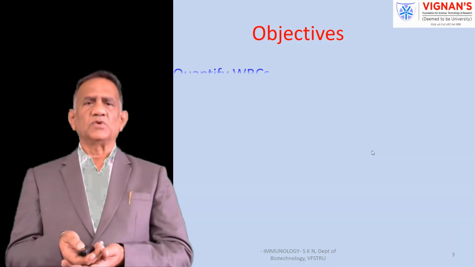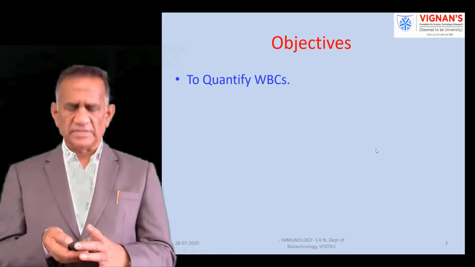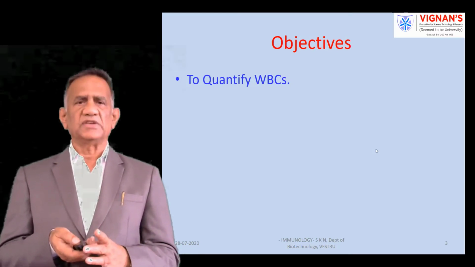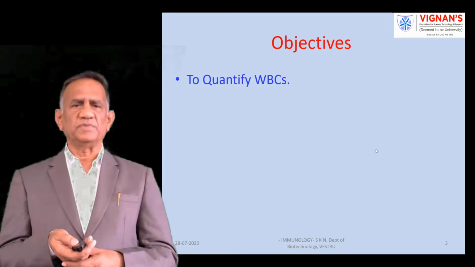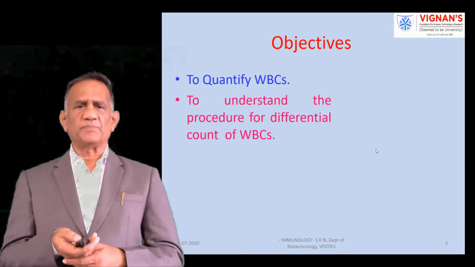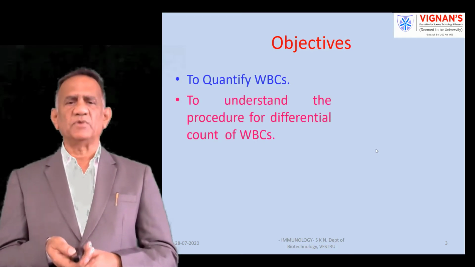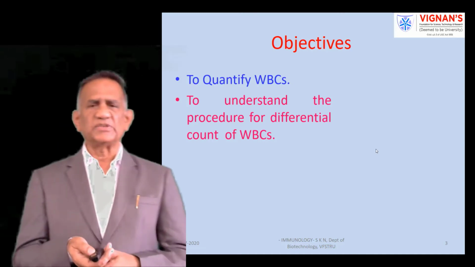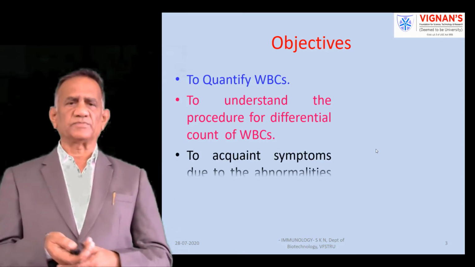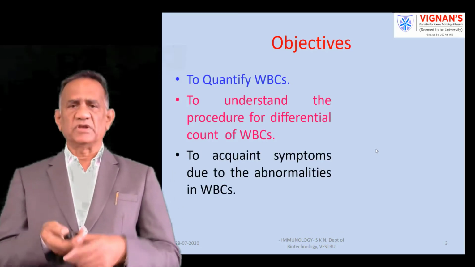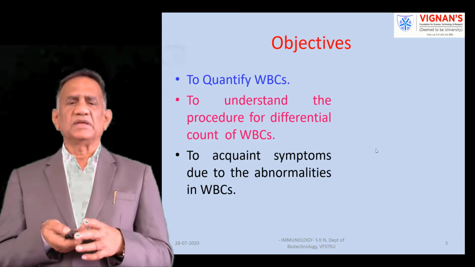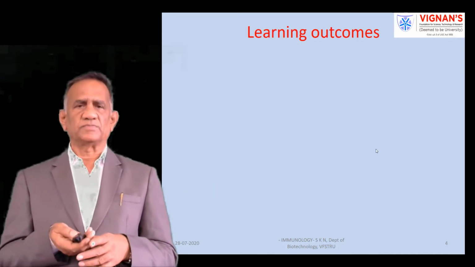Next. The objectives of topic 3 are the quantification of WBCs, to understand the procedure for differential count of WBC, which is most important and practiced in all clinical laboratories, and to appoint symptoms due to abnormalities in white blood corpuscles.